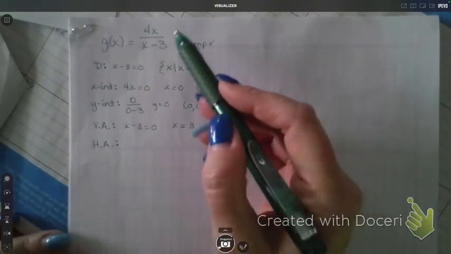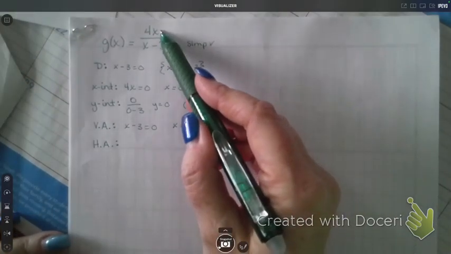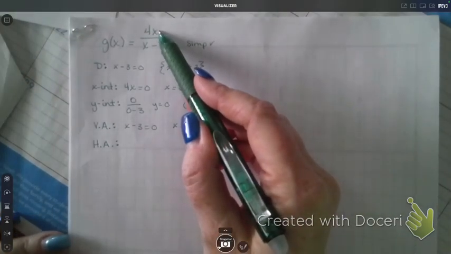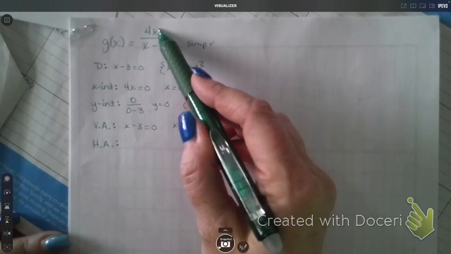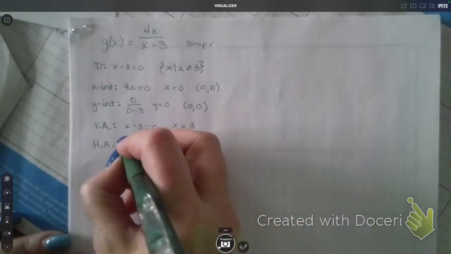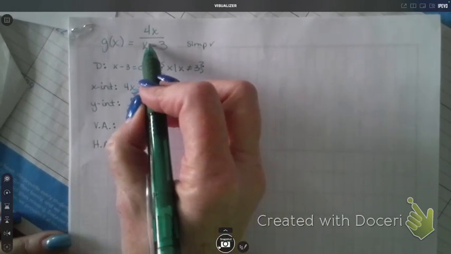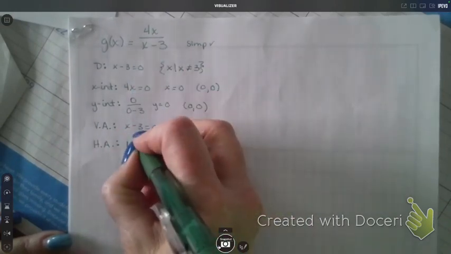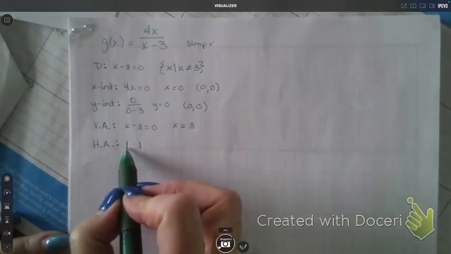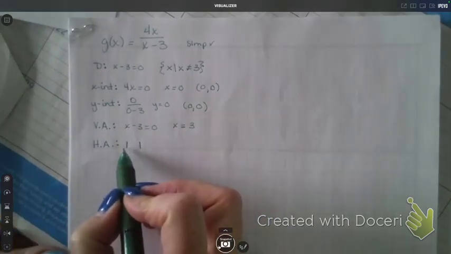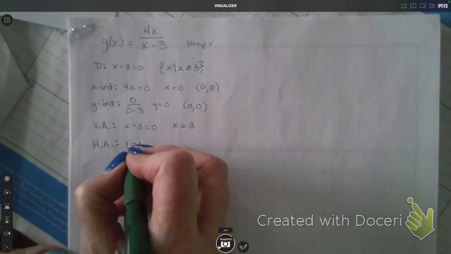What's the degree of the numerator? No, the degree. What's the degree right here? 1. What's the degree of the denominator? 1. So is the numerator less than, greater than, or equal to? Equal to. So that's my work.